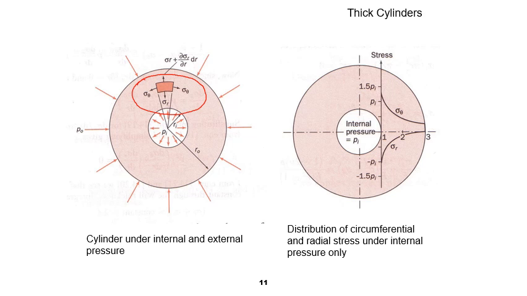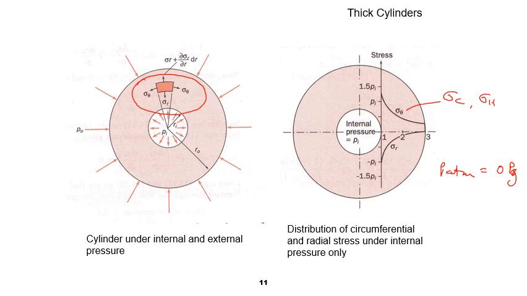So if we plot the distribution of sigma r and sigma c, or sigma h, when internal pressure is applied and outside is P atmosphere, which is equal to 0 P gauge, right?